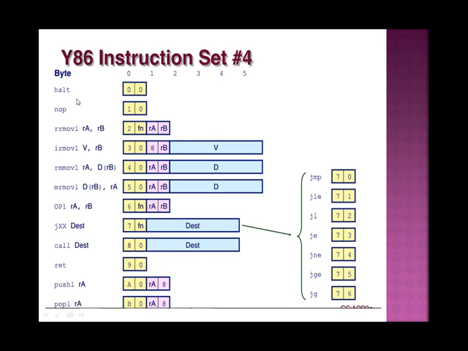And these are the multiple bytes: halt, nop, rrmovl, irmovl, rmmovl, mrmovl, OPl, jXX, call, return, push, pop. These are the same, but they denote the extra instructions available for the jumping part, whenever we jump from one part to another.